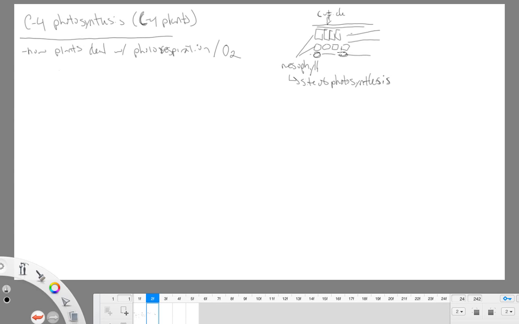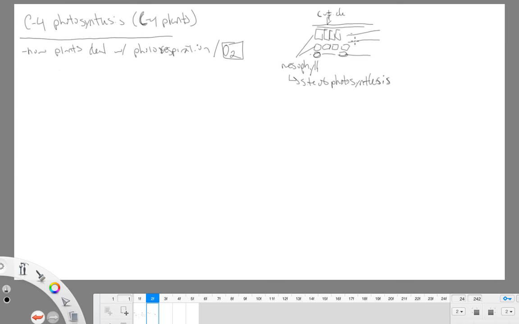So as a result, all these mesophyll cells, in between them, this is all oxygen and carbon dioxide. So both gases are present within here that are able to come in and out of these cells. So because of this, these cells are exposed not only to our carbon dioxide, but also to our oxygen, which we said is a problem sometimes with our photosynthesis.